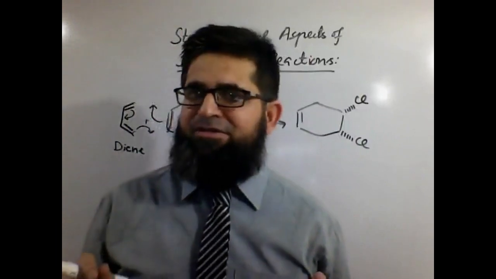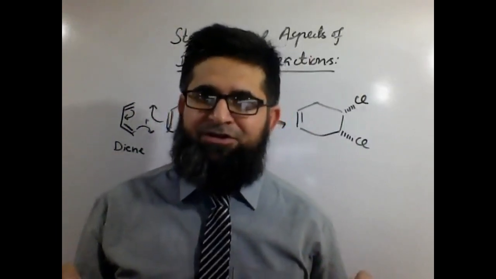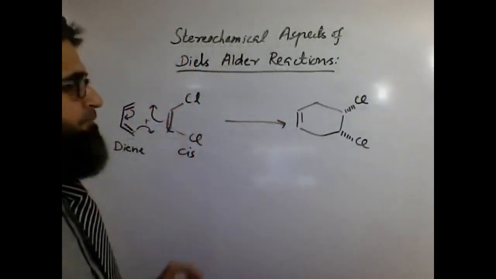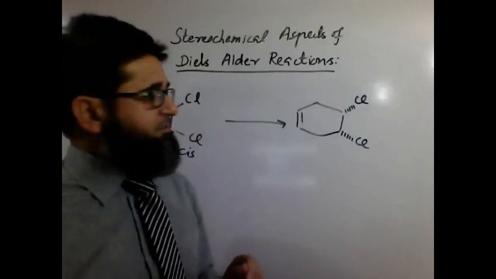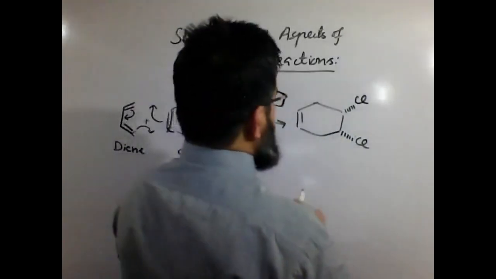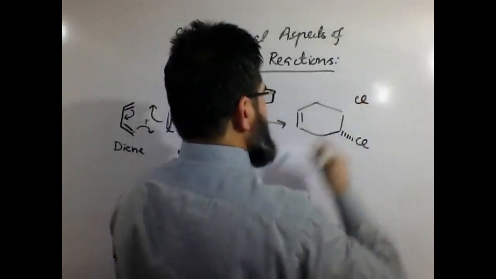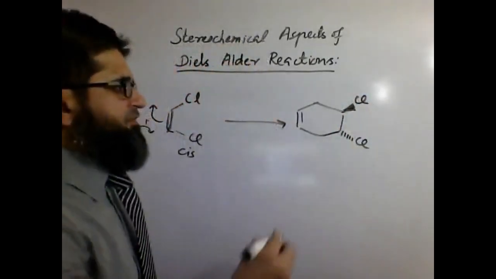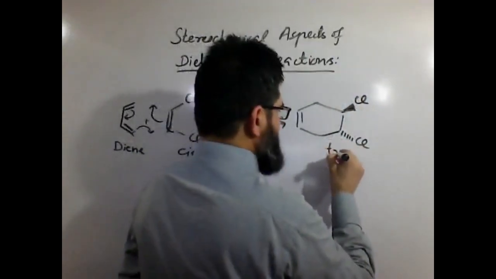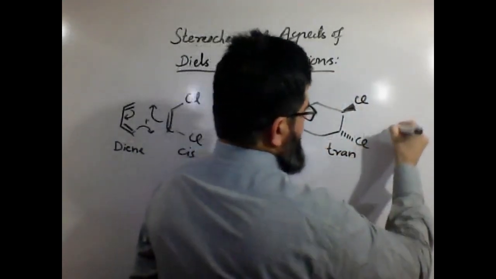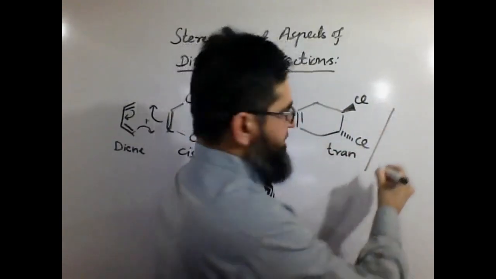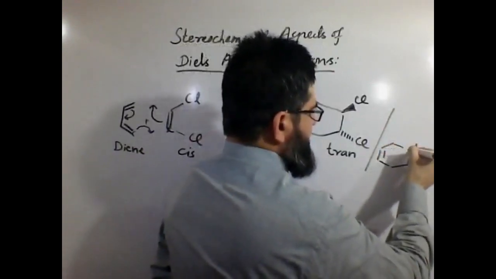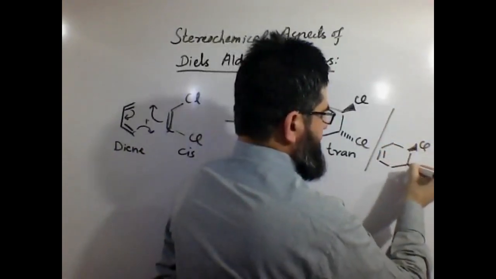Once they are present in trans geometry, meaning the alkenes are trans, then we need to write one of the bonds as dotted and the other as bold. We can write the same product either way.